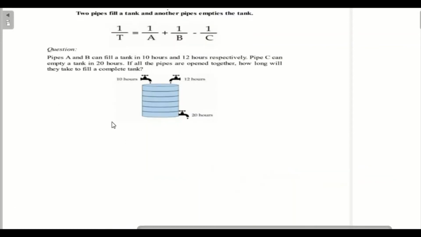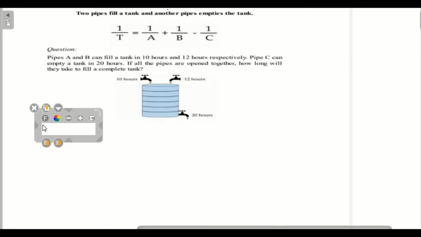Here is the next sum. Pipes A and B can fill a tank in 10 hours and 12 hours respectively. Pipe C can empty the tank in 20 hours. If all the pipes are open, how long will it take? So we have 3 pipes and we have to find how long it takes.